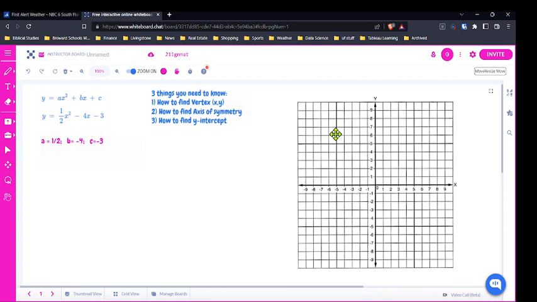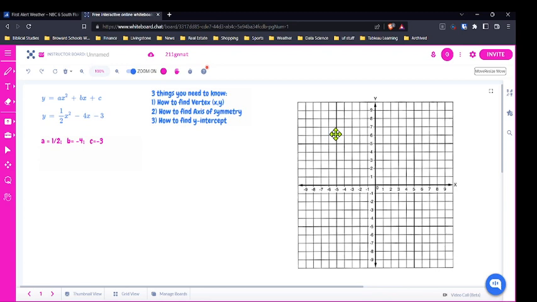Now, the three things that I need you to know about this standard form and parabolas are, one, how to find the vertex, which is a coordinate pair, x, y, so it's a point on the graph. Two, how to find something called the axis of symmetry.